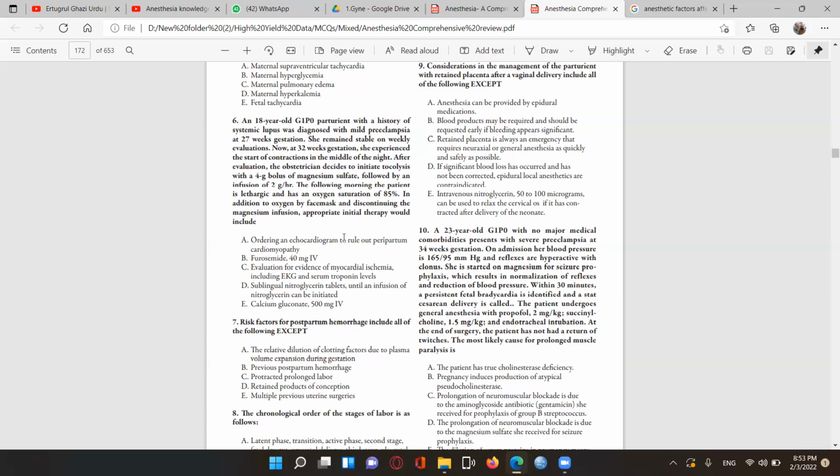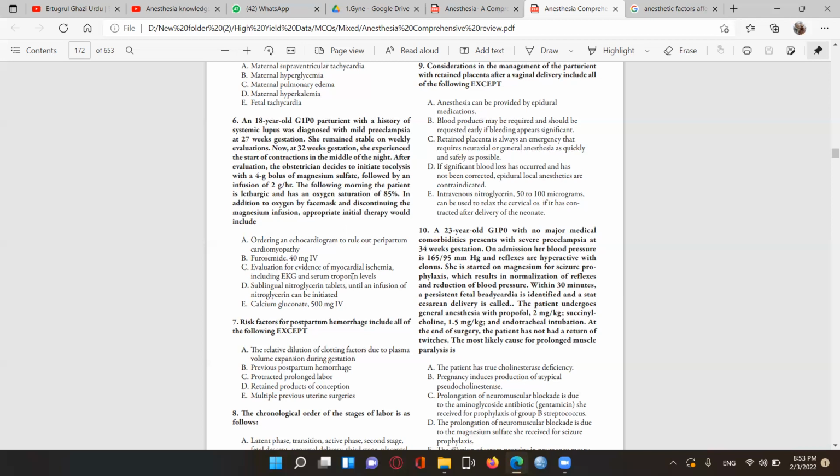Okay. So now, ordering an echo to rule out peripartum cardiomyopathy: is it the first thing to do? Most probably no. Okay. Furosemide: does this patient need furosemide? No, sir. Okay.